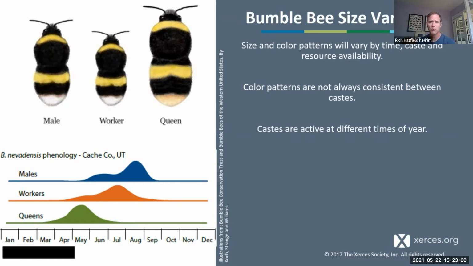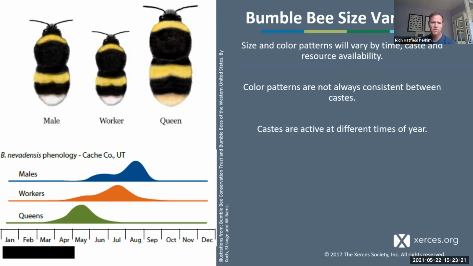So workers and queens almost always look different than males. And sometimes workers look different than queens. This can make identification quite challenging as you try to think about variations and differences. In addition to color pattern differences, there are also size differences.